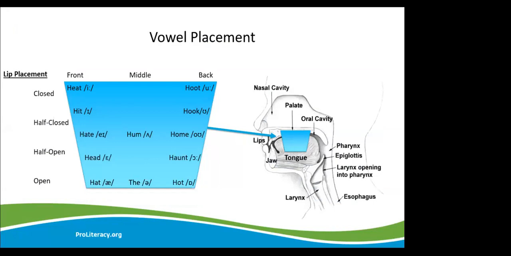And thinking about what's happening with those sounds that are happening more at the front of your mouth, like heat, which has a very closed mouth, hit, hate, and head, you can start feeling your mouth opening up. And then when you get all the way down to hat, your mouth opens up a great deal. And so by understanding where that vowel is changing, your lip placement is going to help you correct those sounds.